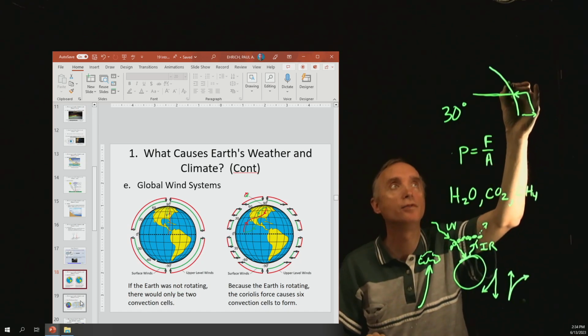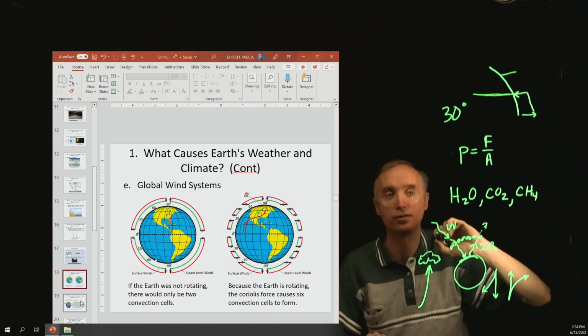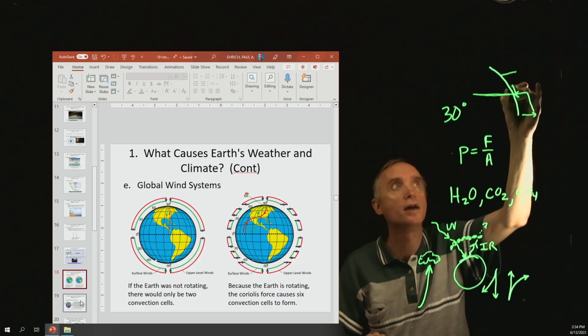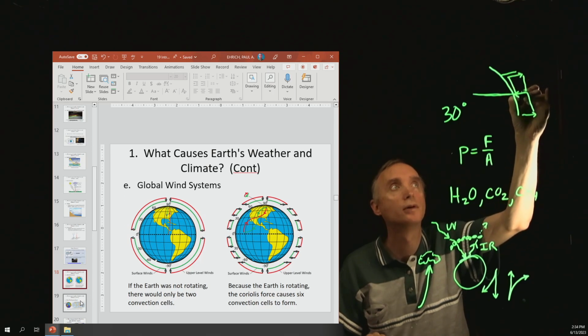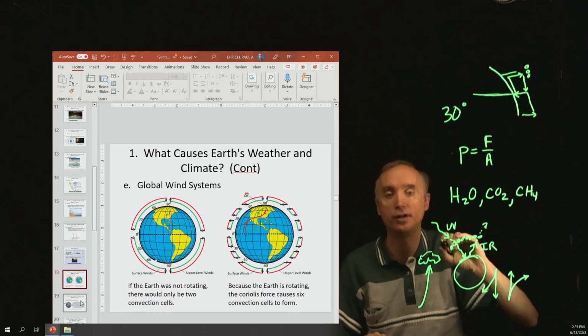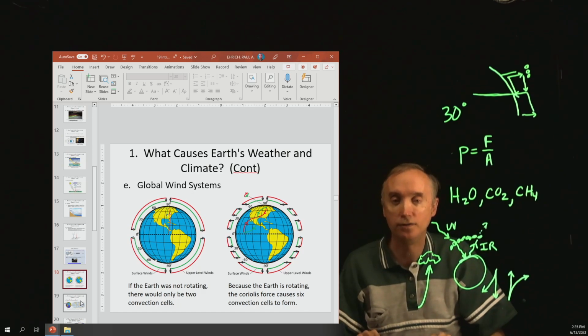Okay, but then if you go up to here at around 60 degrees latitude, then what's happening is air is rising there. And so you have lots of rain that is going to occur at 60 degrees latitude. That corresponds to the United States-Canadian border.